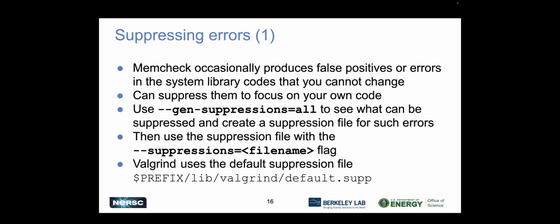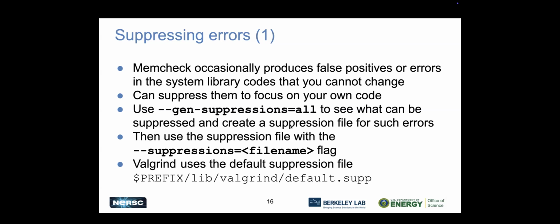And the first thing is that you have to create a suppression file. So you get all the suppression expressions by using this flag, and you get the suppression in the correct format for all the errors that memcheck detects. And then you basically go over this file.